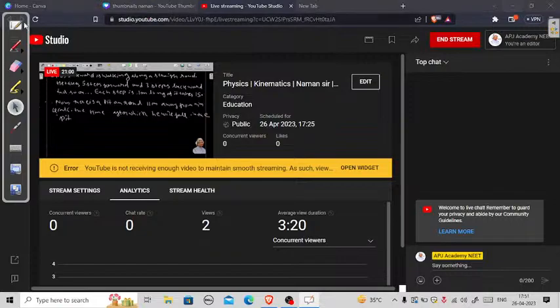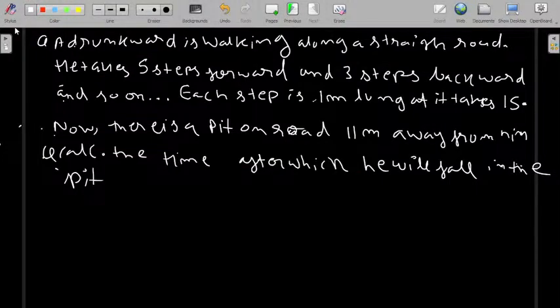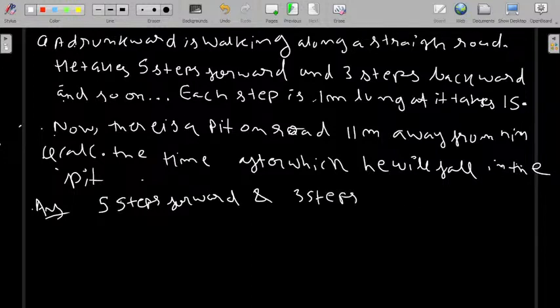Okay, a few students have answered that. कैसे कैलकुलेट किए 29 सेकंड्स, जिनको नहीं समझ में आया, I'll give you an explanation. The same thing जो मैं आपको बता रहा था. He takes 5 steps forward, and 3 steps backward.